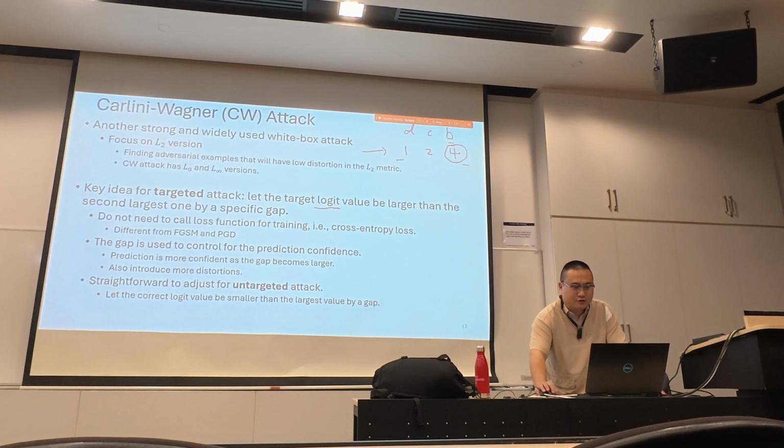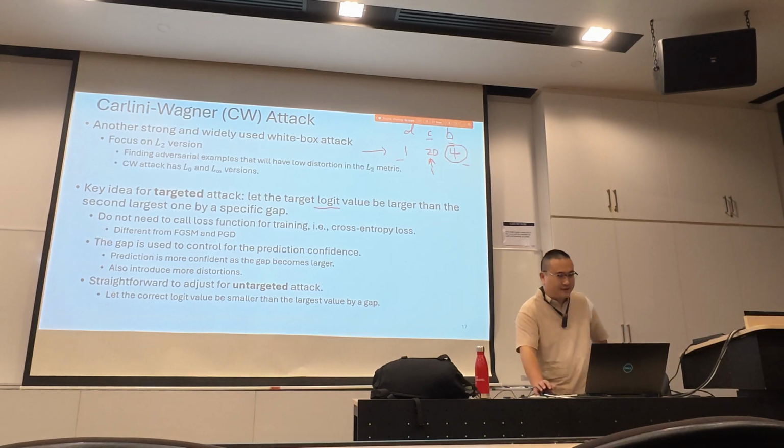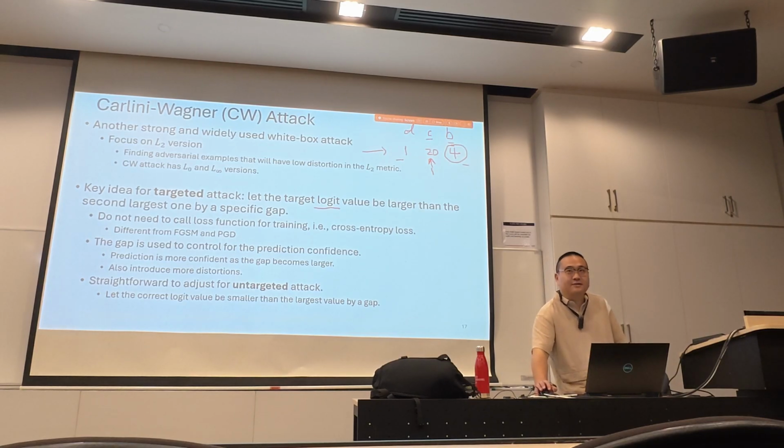However, we want the model to predict cat. So we want to increase the value of this logit. Instead of letting the model output 2, we want it, for example, to output 20. In this way, the prediction of this image will be changed to cat instead. This is the key idea of the CW attack.